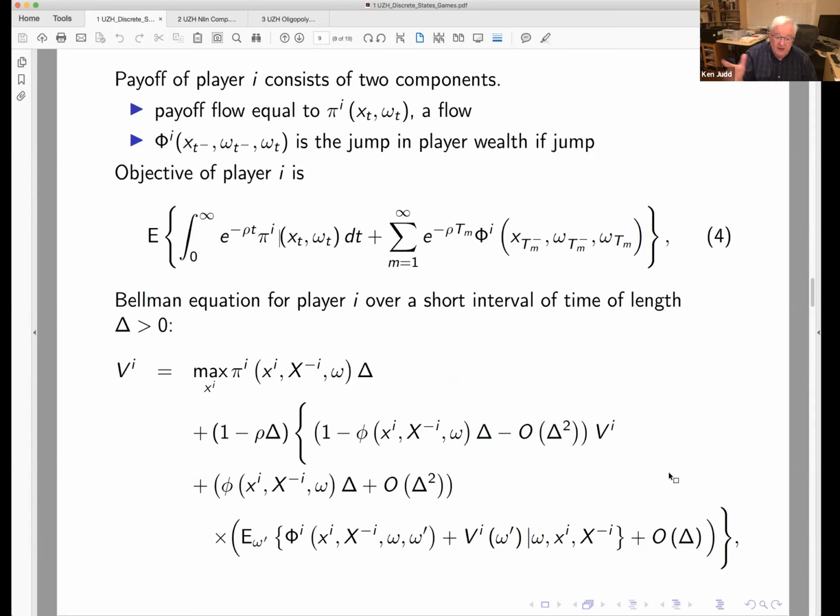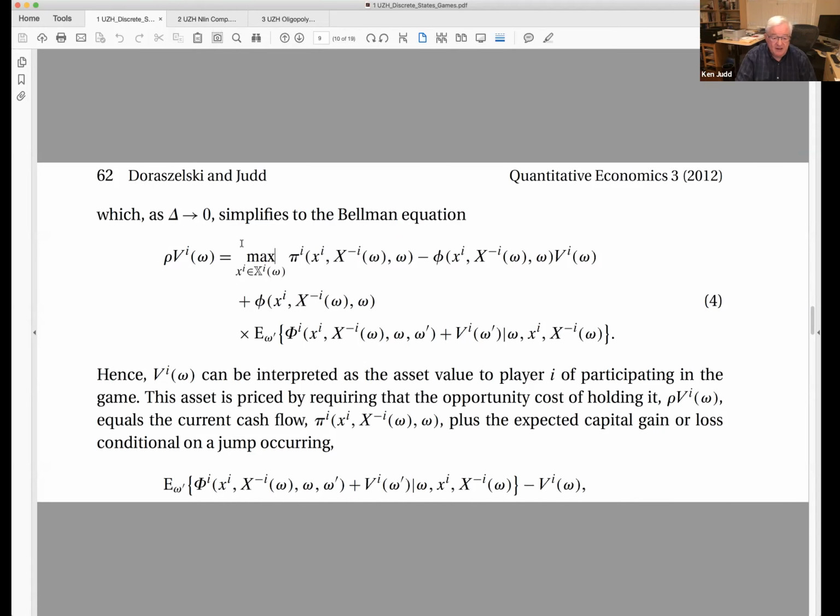Now then, we can write down the same kind of stuff for the value function. This stuff gets pretty ugly pretty fast. We do a Bellman equation for a short period of time, but then we take delta to zero and we end up with, and this now appears in the paper I sent you, the continuous time Bellman equation. When we go from discrete time to continuous time, we have rho as the discount rate.